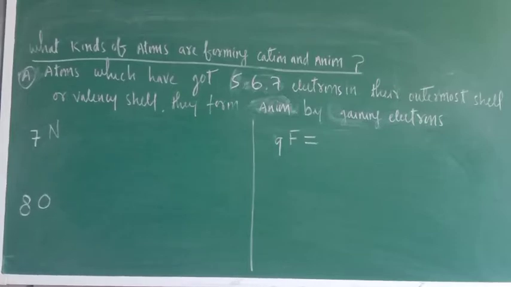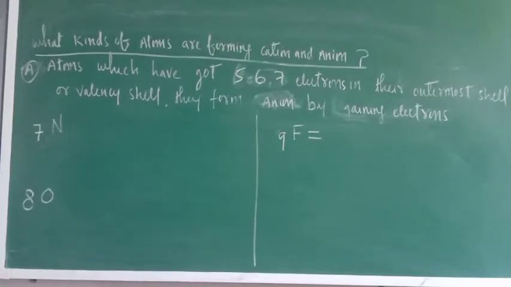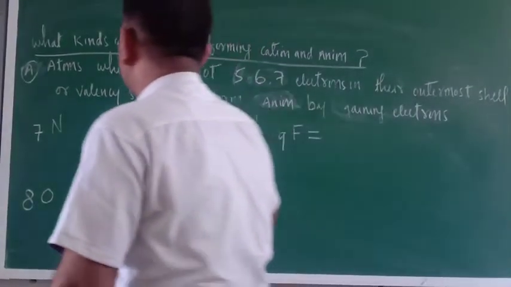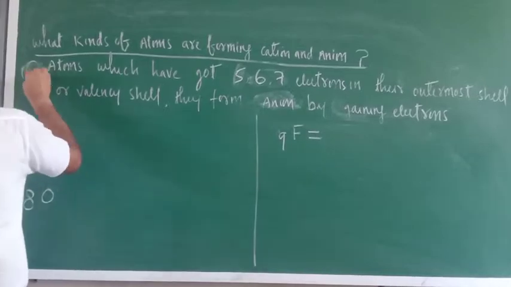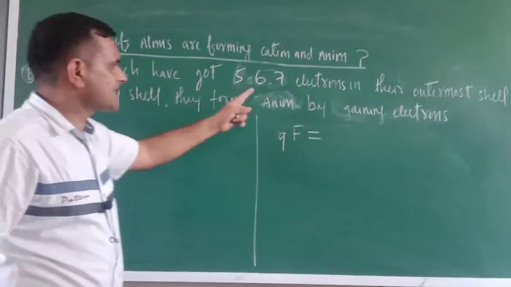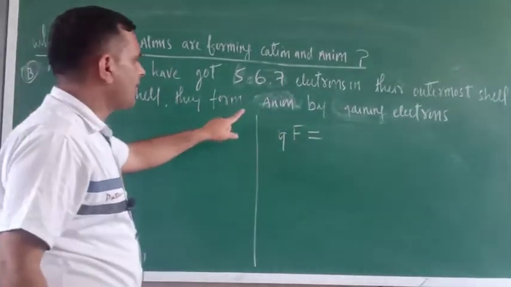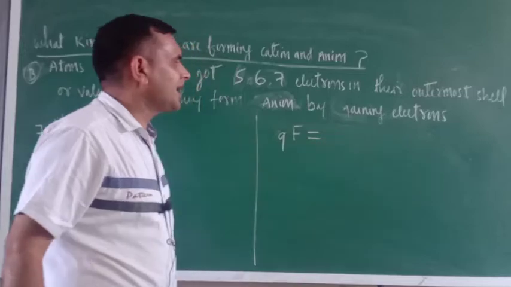What kinds of atoms are forming cation and anion? Okay, so A, formation of cation I have already explained. Now next one is B. B means atoms which have got 5, 6, 7 electrons in their outermost shell or valence shell form anion by gaining electrons.